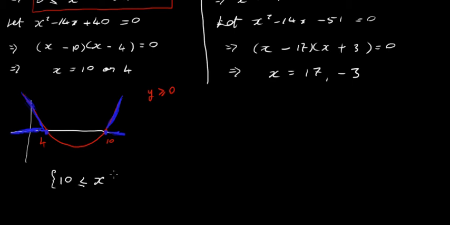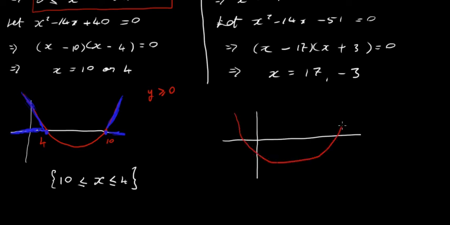So what about this one over here then? Well, again, we need 17 and minus 3 as our roots. So our graph will look something like this time. Remember our inequality here now is less than 0, so we don't include these two values here.